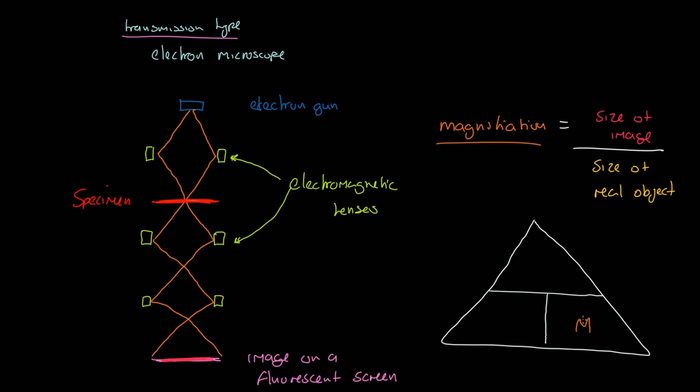Well, we know that magnification equals what we would refer to as the image size, I'm just trying to keep the same colors, as the image size over the actual size. Okay, so if we want, or the real size, if we want to understand the magnification, we need to take our image size and divide it by the actual size.